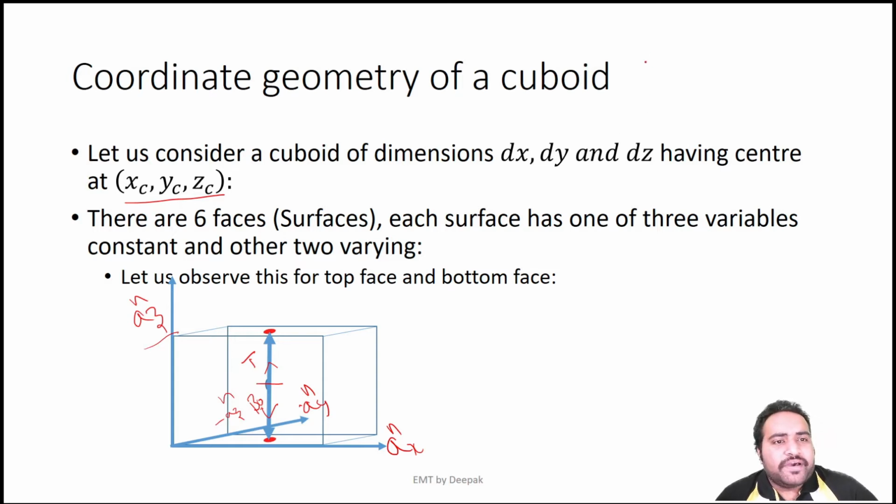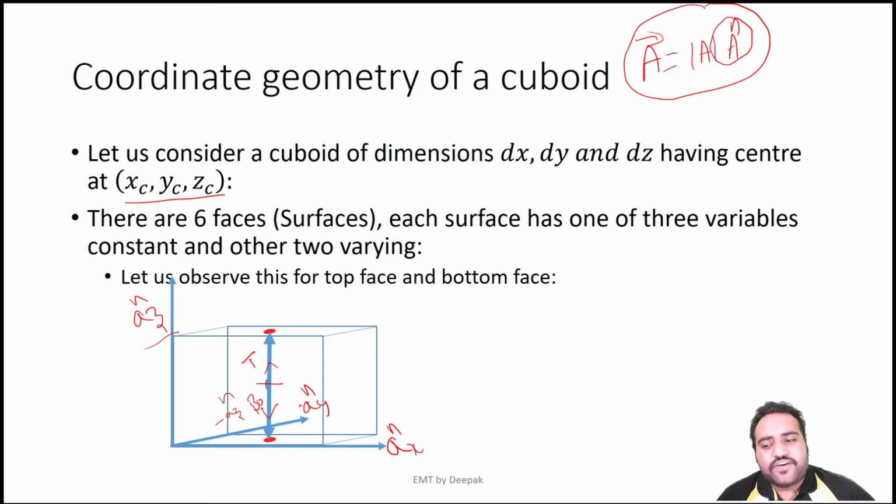Now, you may remember that any vector a bar can be written as mod a times a cap. For both these vectors, we have unit vectors: for one it is az cap and for the other it is minus az cap. We need to determine the magnitude.